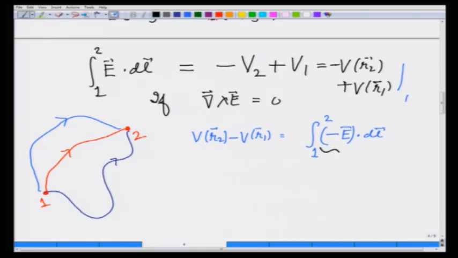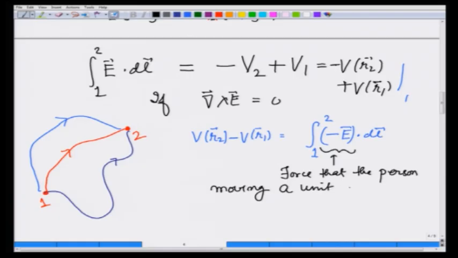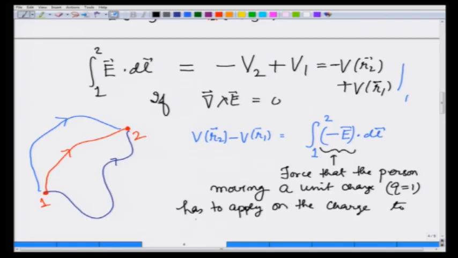What is minus E? This is the force that the person moving a unit charge, q equal to 1, has to apply on the charge to keep it in equilibrium.